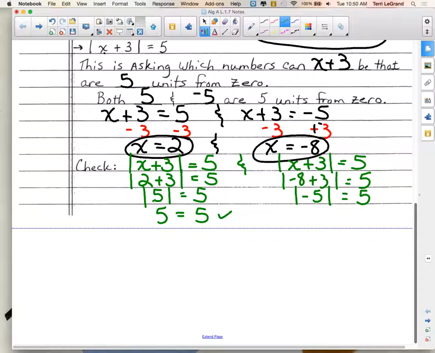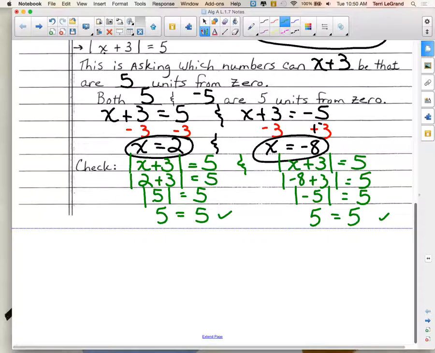And now to get rid of the absolute value bars, we ask ourselves the question, how far is negative 5 from 0? How many units of distance is negative 5 from 0? 5 units. So this also becomes 5. And it checks out. So our two solutions, put back in, make the equation true.